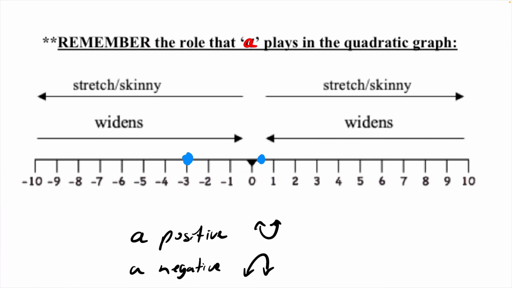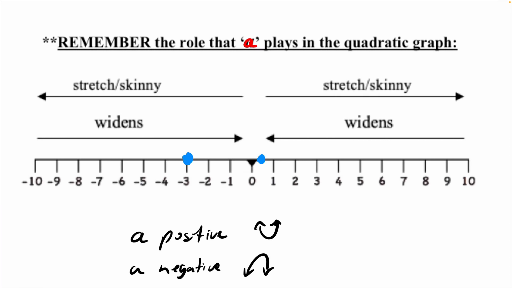If it's further away from 0, it's going to be really skinny. So if my A on the next problem was -10, that's going to be even skinnier than what I saw on number 1. So it doesn't matter if it's positive or negative. It could still be skinny or wide. That's how to tell.